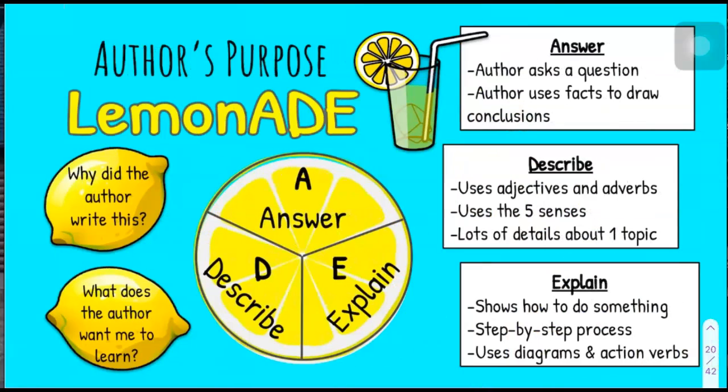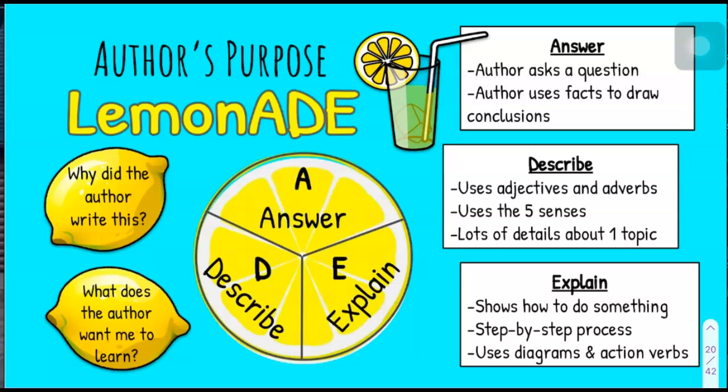So when we talk about author's purpose, we can think of lemonade. Answer, describe, explain. Those are the three reasons an author writes something. If they're answering a question, the author will ask a question and then use facts to draw conclusions. If they're describing something, they will use adjectives and adverbs.